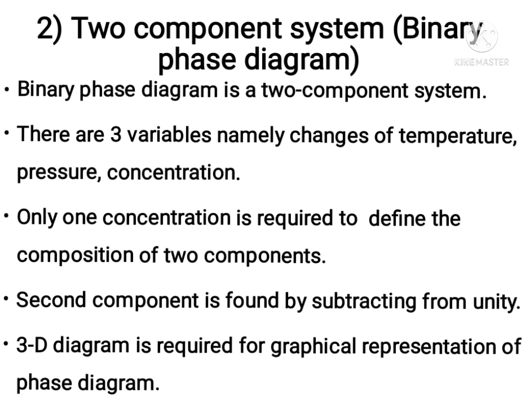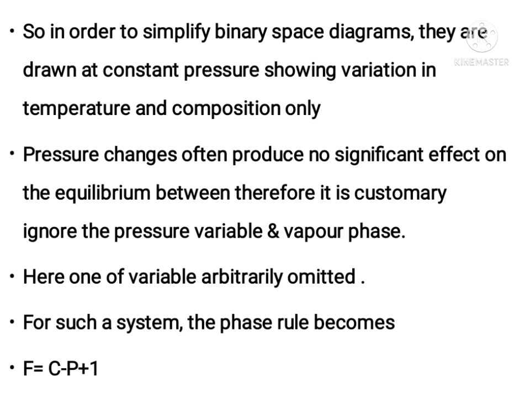Concentration term is required to define composition of two components. In case of binary phase diagram, the pressure term remains constant and there is only variation in temperature and composition.